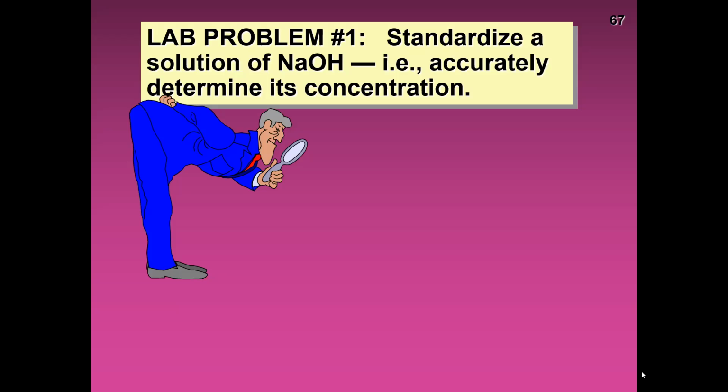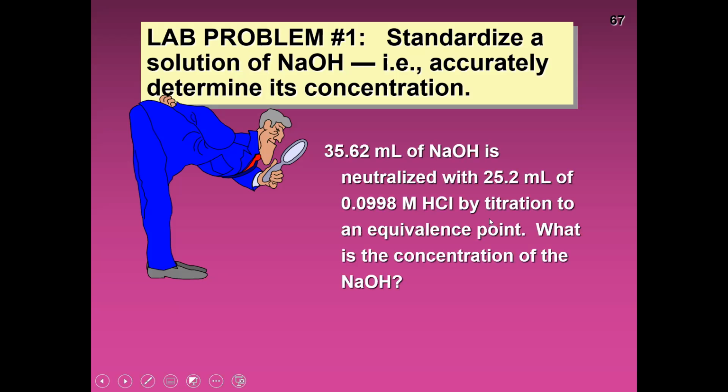And we have the numbers here. Okay, so the very first thing to do is to figure out how many moles you have in the HCl, because we know how much we used and what the concentration is. So we need to know how many moles.